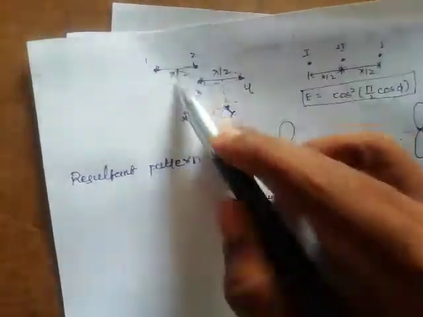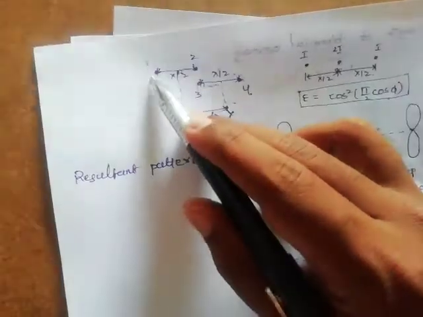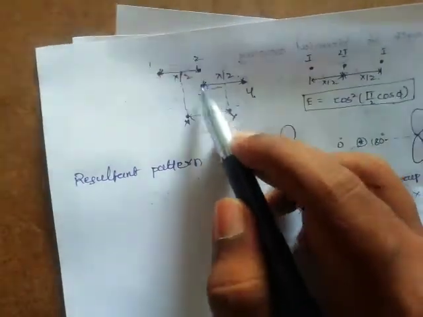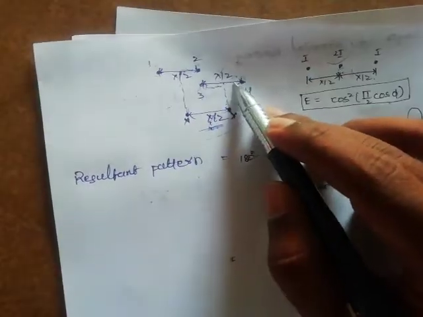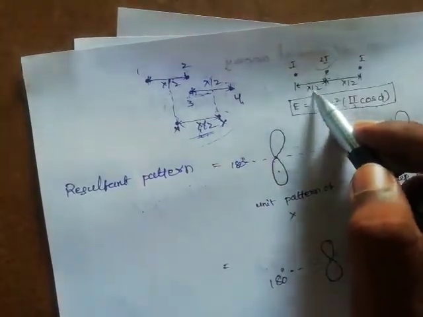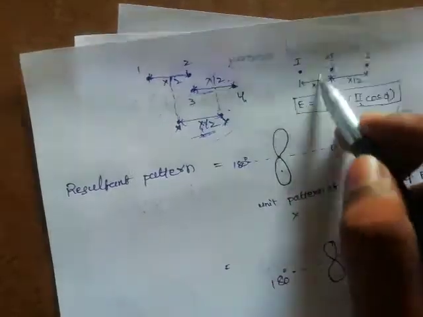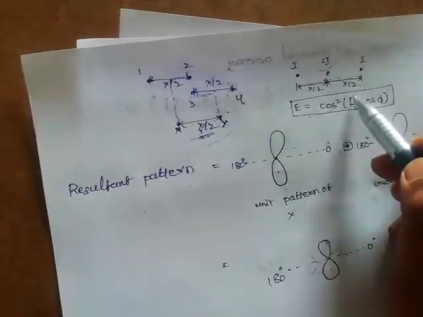These 2 points combinedly form one point, with magnitude 2I. Here we applied I, here I, and here the current I, and these two combinedly form the 2I current, and at this point we have the current I, and every point is separated by a distance of lambda by 2. So for this, what is the electric field? Cos square of pi by 2 cos phi. We will discuss how this came.